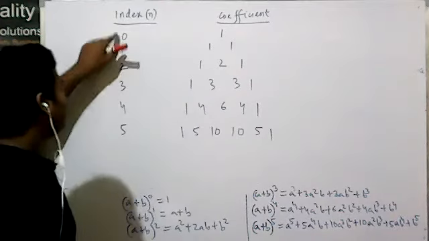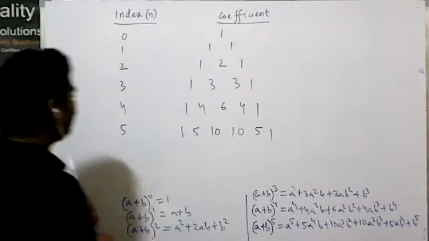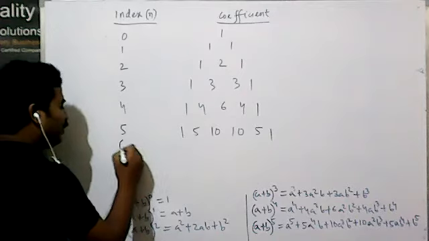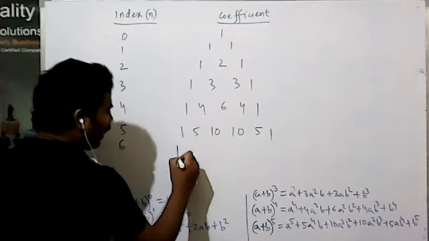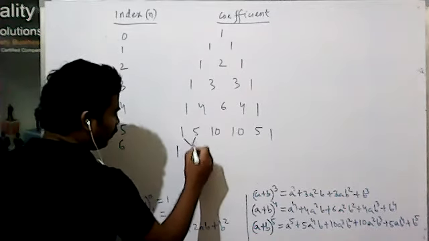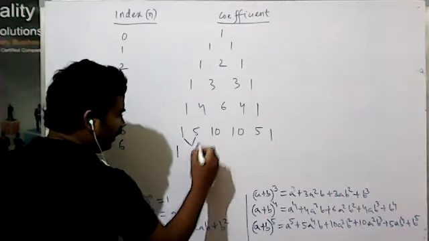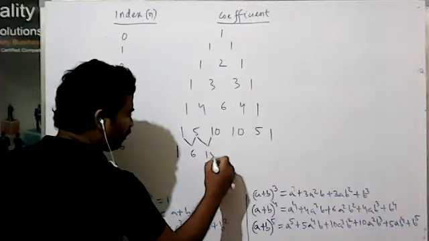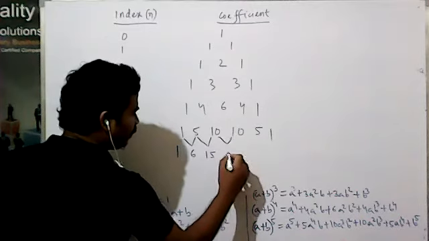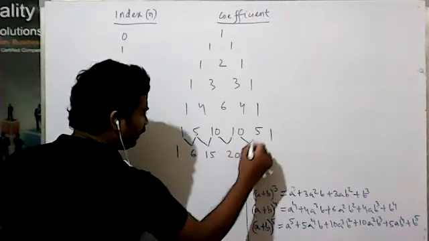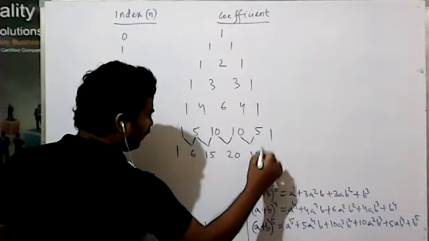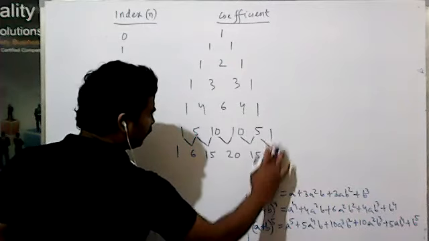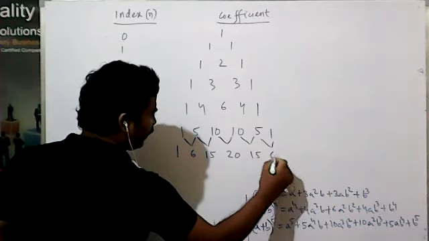Similarly, if the index is 6, the coefficients are 1, 6, 15, 20, 15, 6, 1.